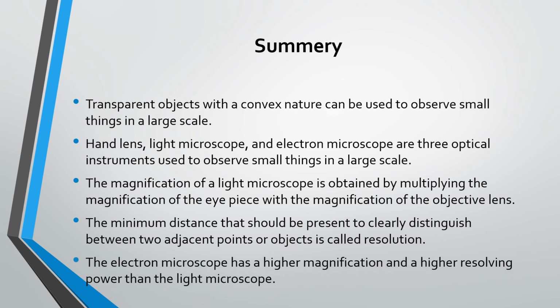And we are using electron microscopes to observe the cells and the viruses and for genetic purposes because it has a higher resolution power and a higher magnification than the light microscope. So these are the things that you have learned throughout today's lesson.